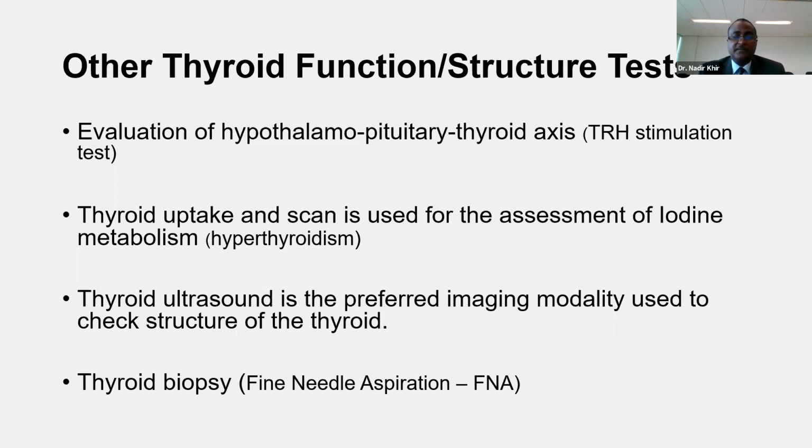And we can do an invasive thyroid study through thyroid biopsy, that's fine needle aspiration. It's minimally invasive, I should say, because we use a very small needle directed to the thyroid nodule to tell us about the cytology of this nodule, whether it is benign or malignant.